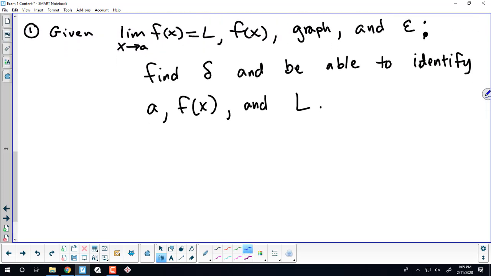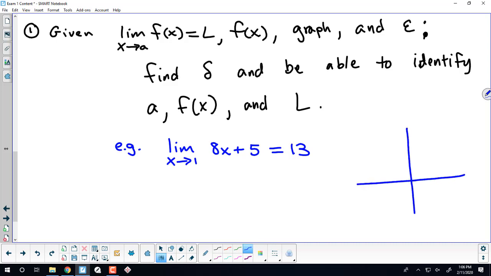So, for example, you would be given the statement, the limit as x approaches 1 of 8x plus 5 equals 13. It's not going to be a linear function, but something like this, and you would also be given the graph.